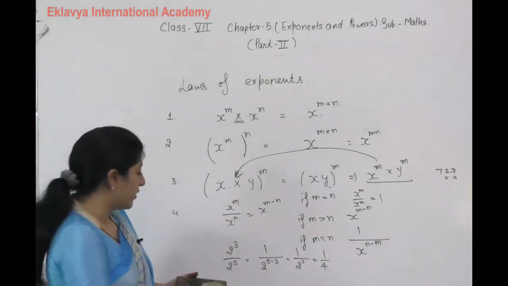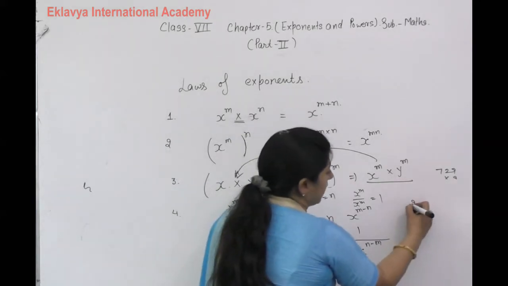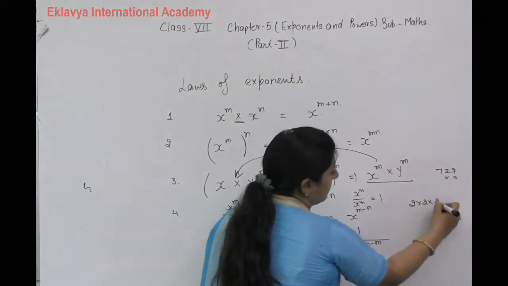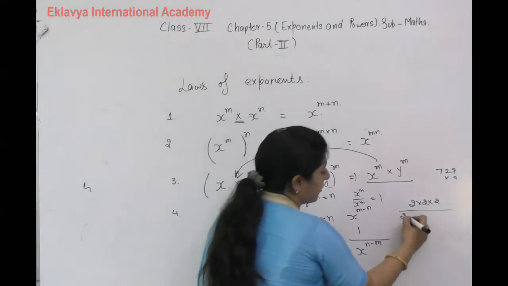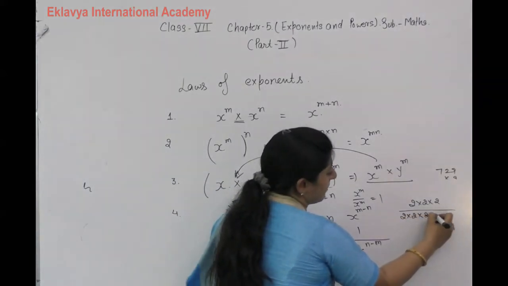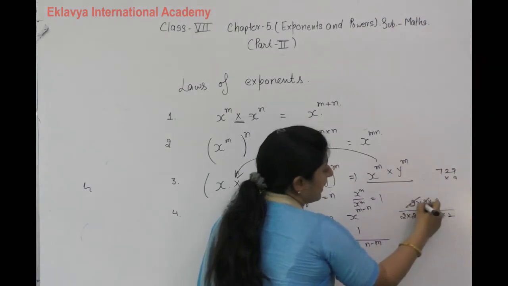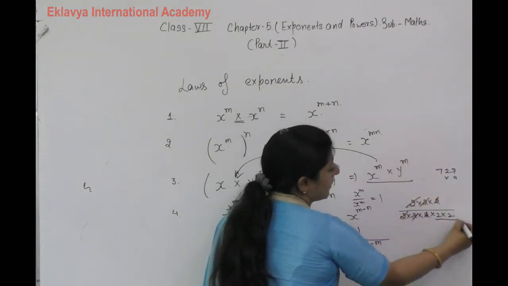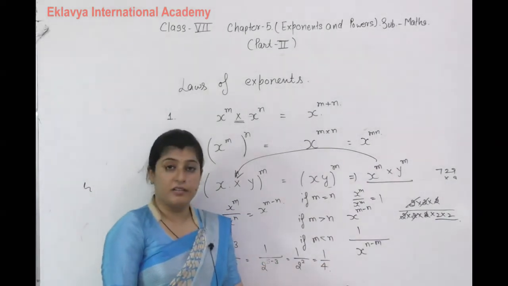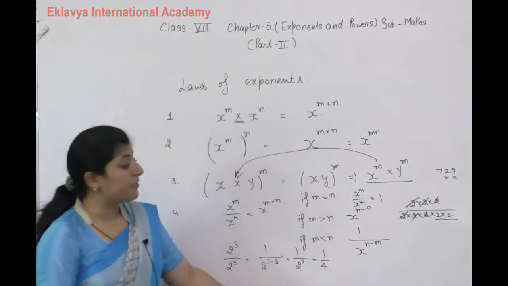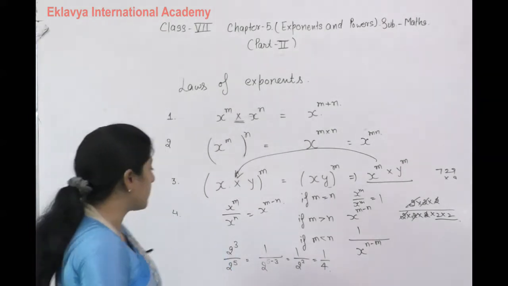You can solve it also: 2 power 3 means 2 multiplied by 2 multiplied by 2, and 2 power 5 means 2 multiplied by 2 five times. Cancel it. Then you get downside 2 power 2. It becomes 1 by 4. So this is how we solve laws of exponent.